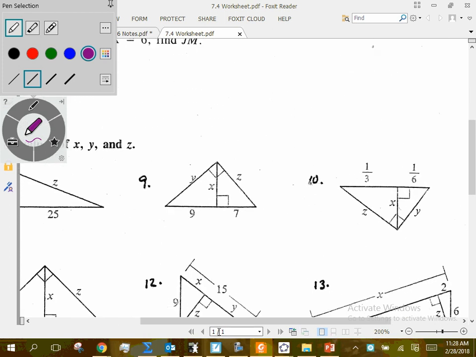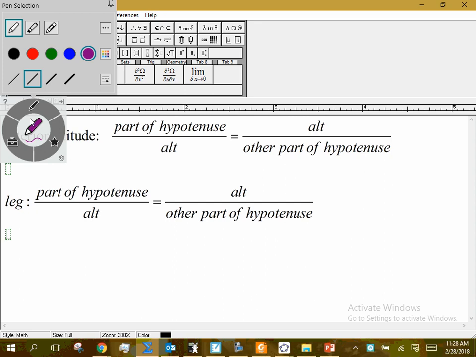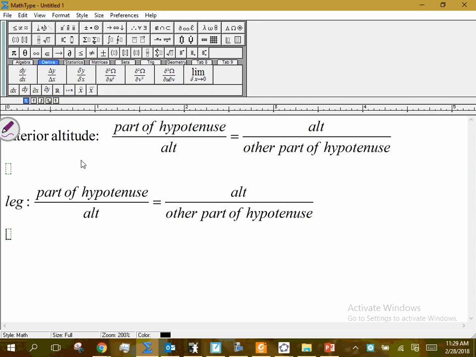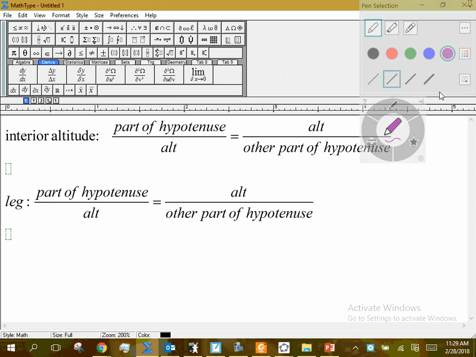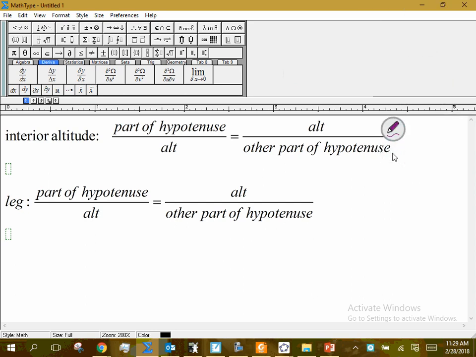Before I go any further, I wrote this on the whiteboard the other day. I was working with somebody today during Wildcat time.